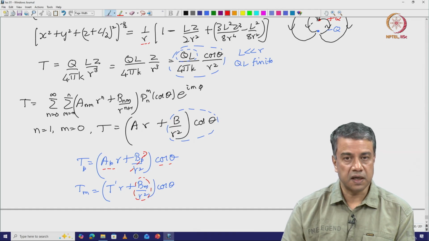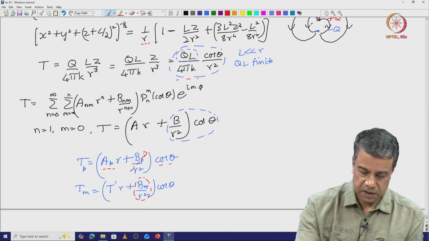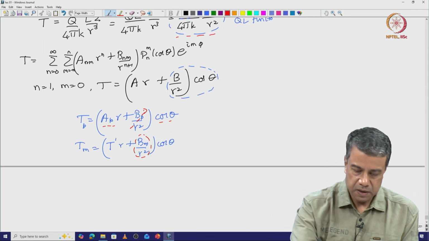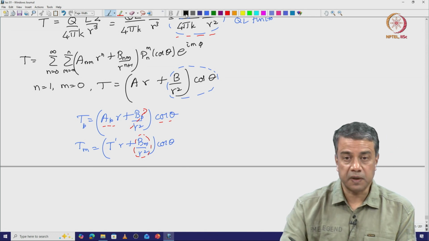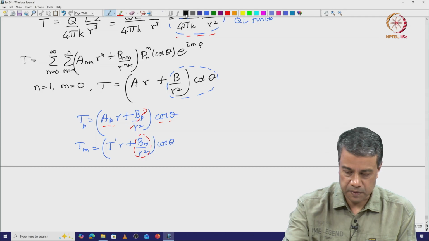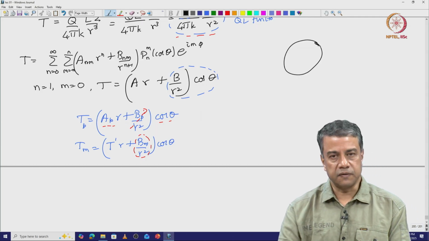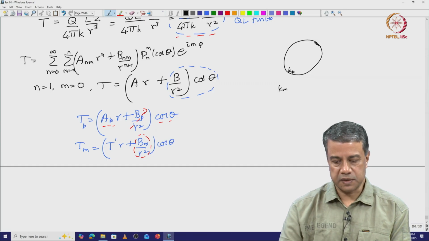And this correction has the same form as the point dipole here. So in this spherical harmonics expansion for the temperature field around a particle, because there is a difference in thermal conductivity between the particle and the matrix, we know that there is going to be a disturbance to the temperature field.